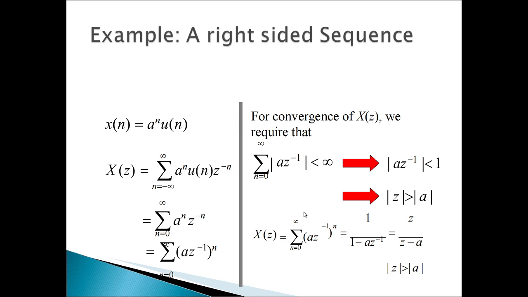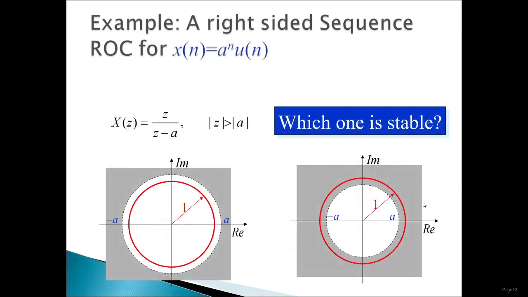So we have to draw the region of convergence in the z plane; onwards from z greater than a it is convergent. We got X(z) equals z by z minus a, and the region of convergence is modulus of z greater than a.